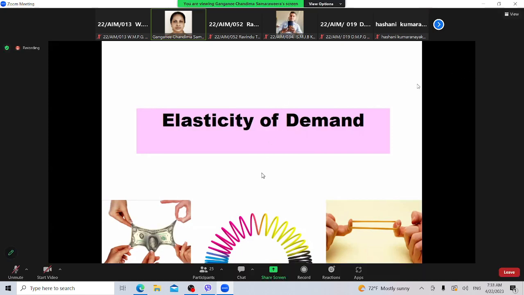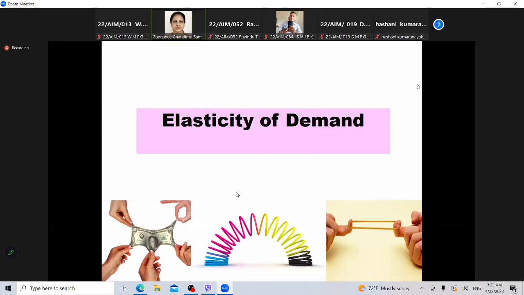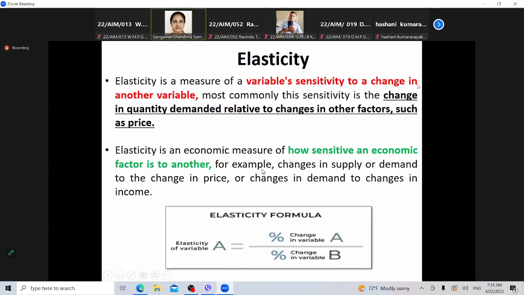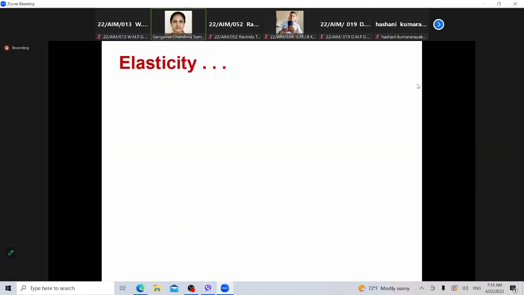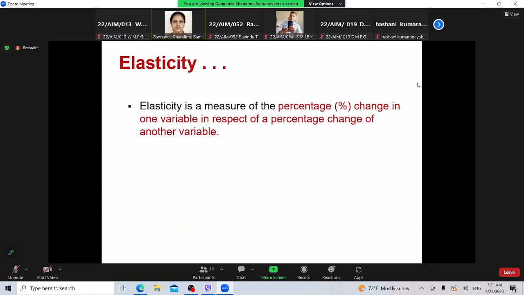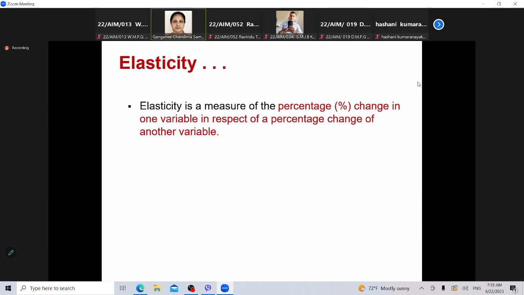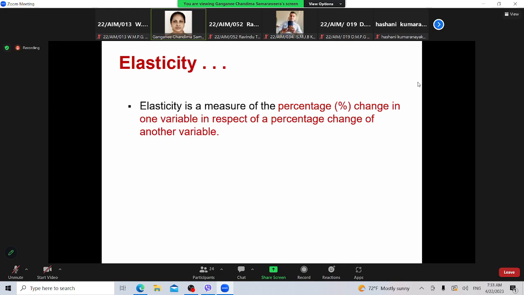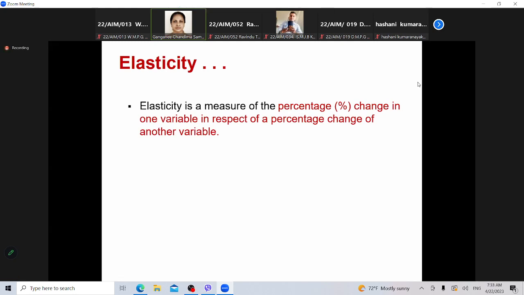Okay. So elasticity we discussed like this, elastic nature. We discussed that elasticity is a measure in the percentage method, because that is the easiest method. At the initial stage we understood the percentage, but we just did point and arc elasticity introduction as well.